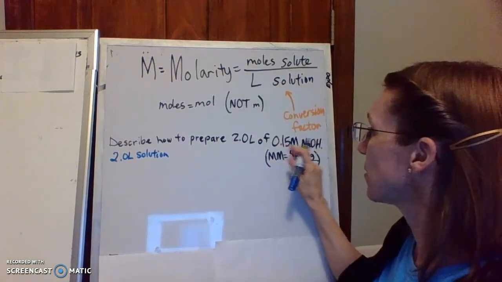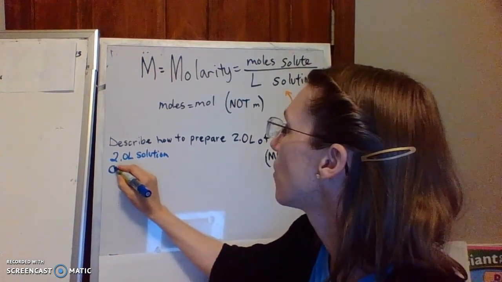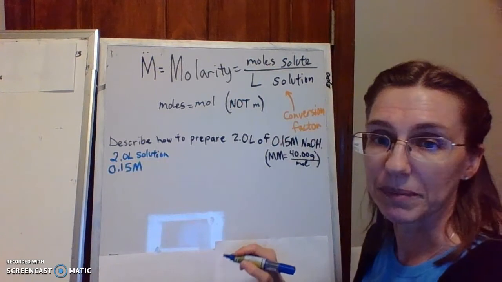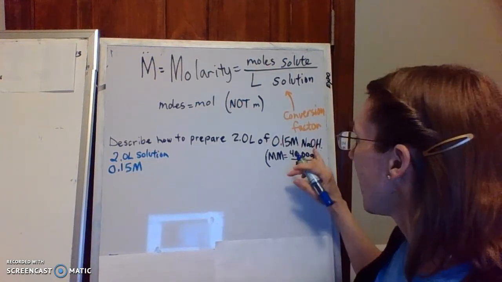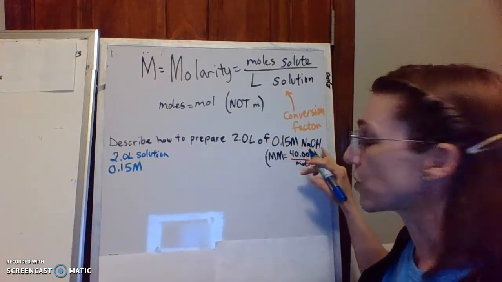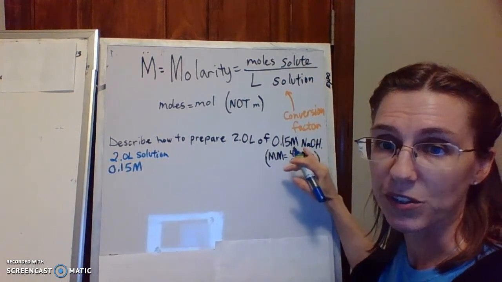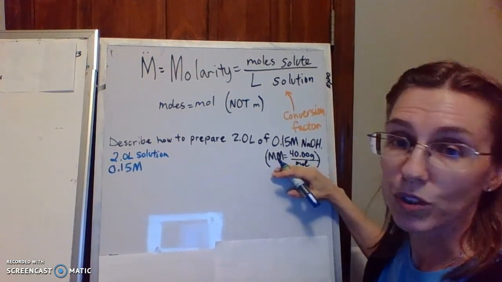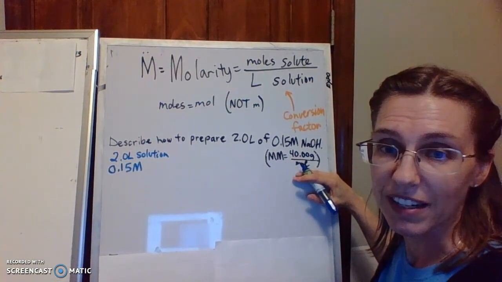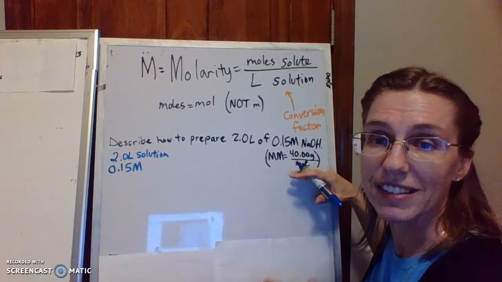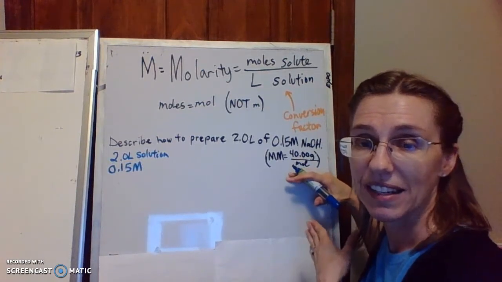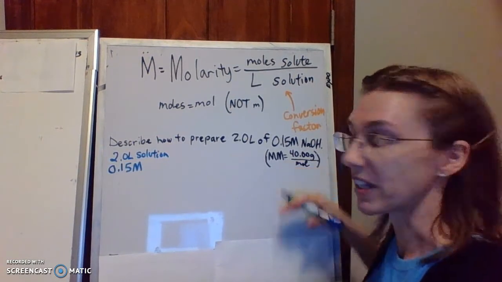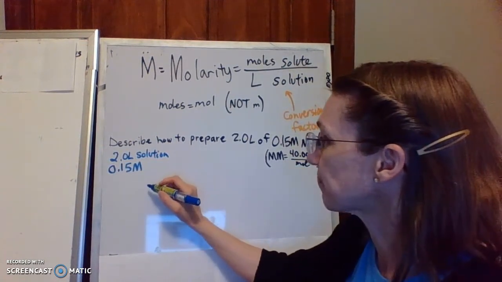And the solution happens to be 0.15 molar, capital M. Okay, and it's a solution of sodium hydroxide, so it's going to be sodium hydroxide in water. And we've got our molar mass here of sodium hydroxide. I assume by now everyone understands how to calculate molar mass and can do that on their own. If not, always reach out to me and we can go over that again.